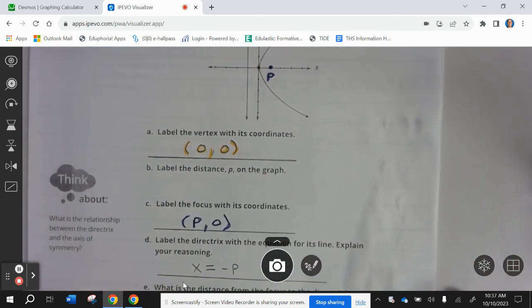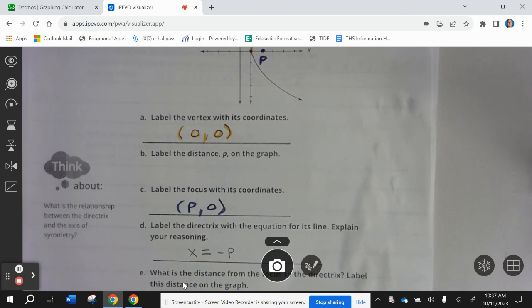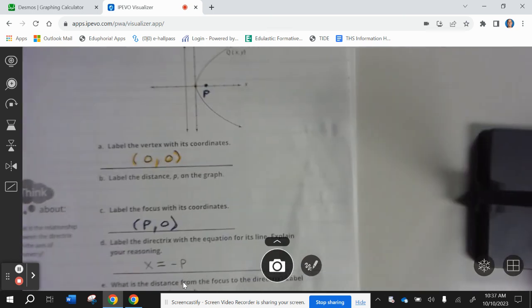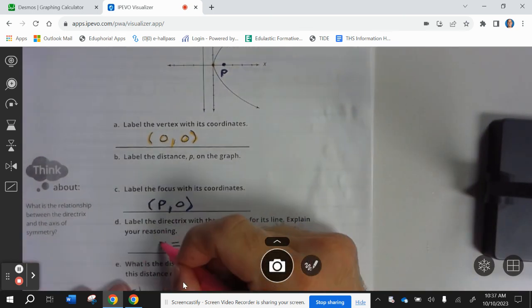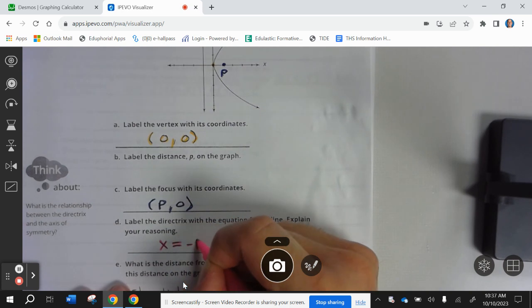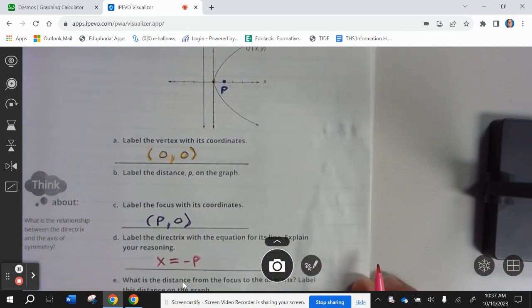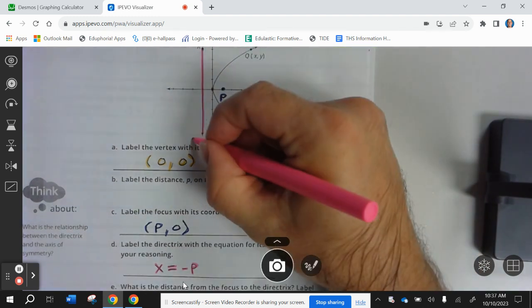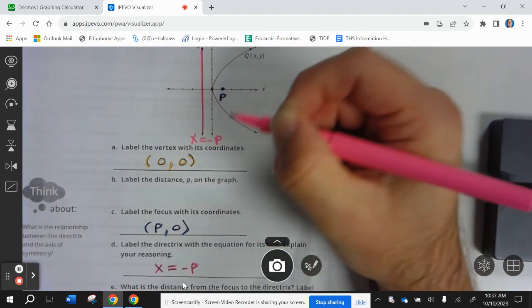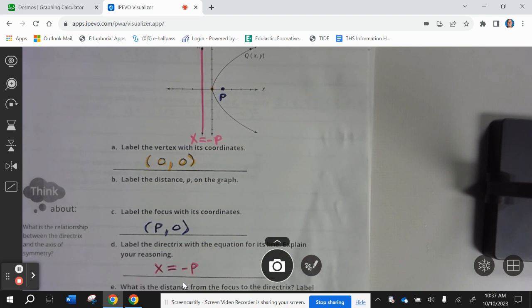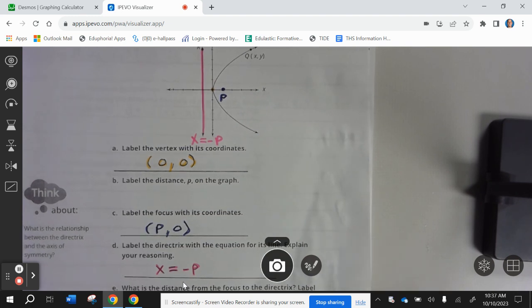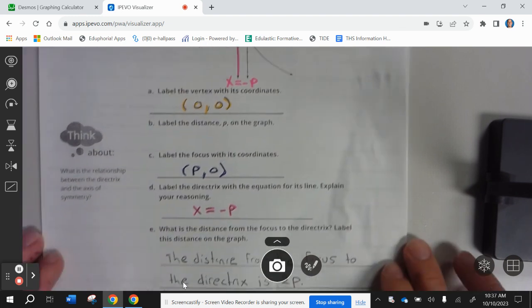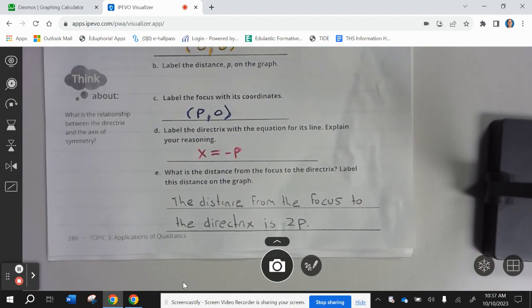And the directrix, which is x equals negative p, is right here. All right, go and finish that up. The distance from the focus to the directrix in this graph is 2p.